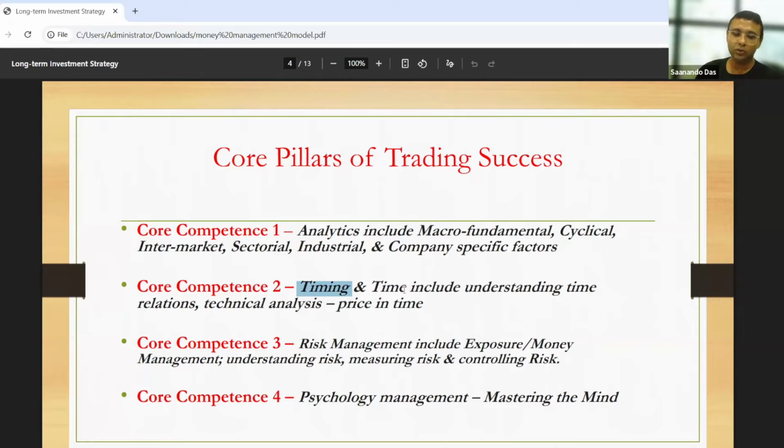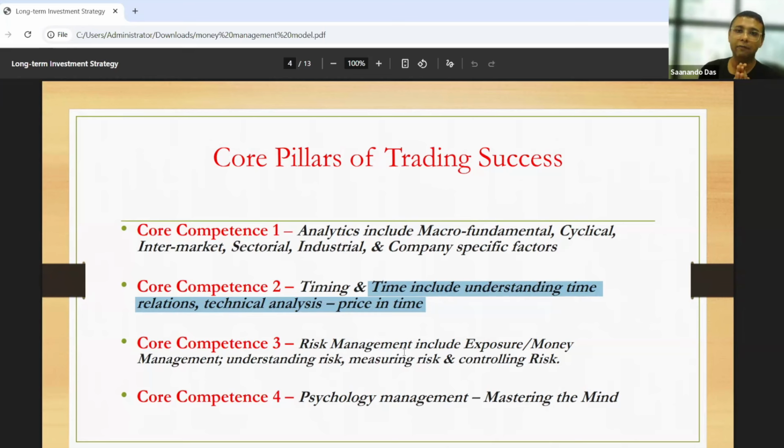This includes time relation, how time is important in trading and investing, as well as technical analysis, that is price behavior in time. To make a success in trading, this core competence area is a must.